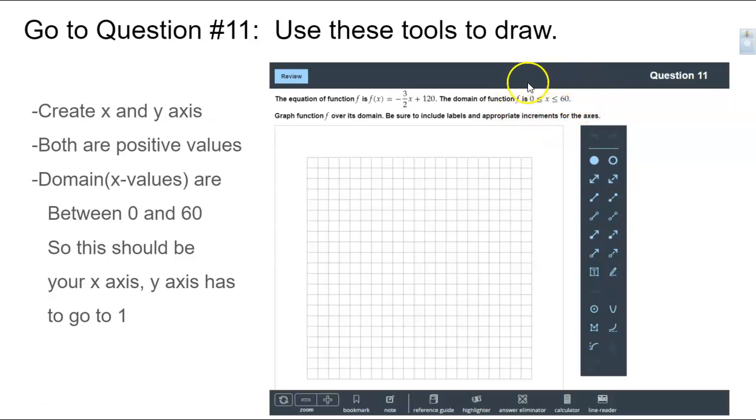They have to go in between 0 and 60. Okay, so this should be your x-axis, and then your y-axis, you have to go to 120. I'm not sure why I just have 1. So it should say 120.